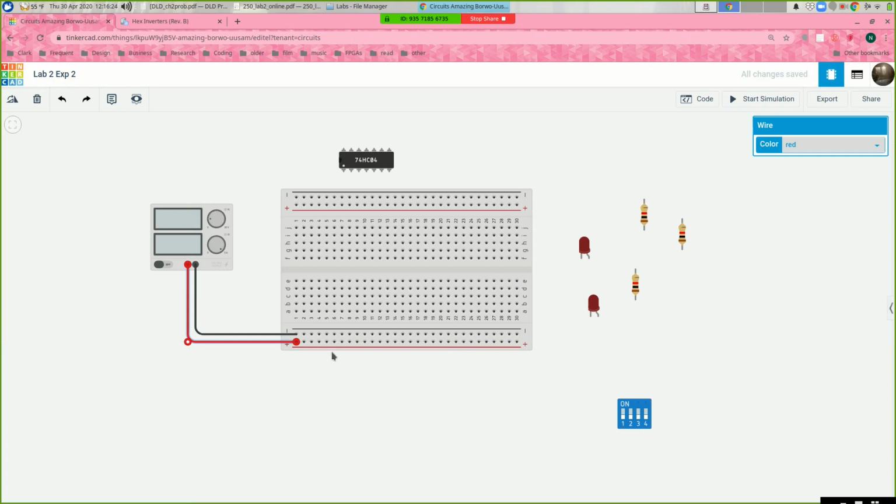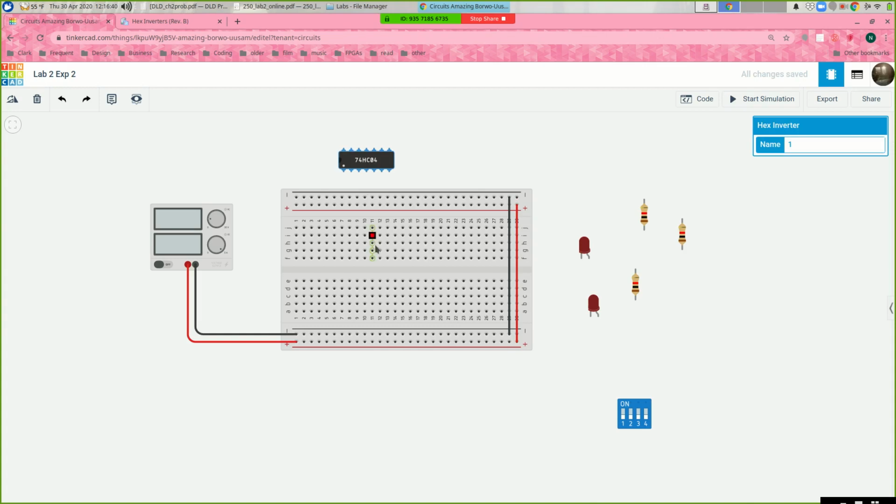Then I'm going to connect my power lines to the top of the board also. So that's a ground wire, and here's a power wire. Make it red. All right, so we've got power.